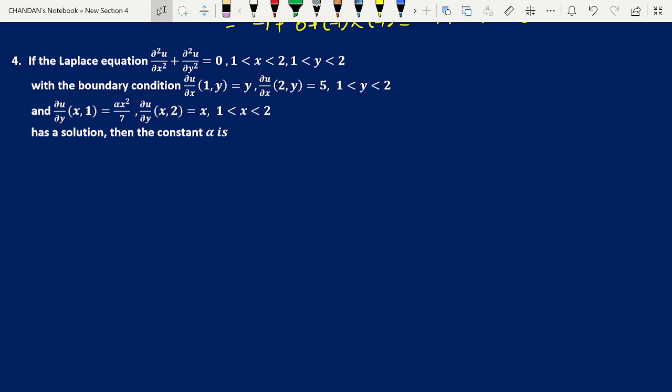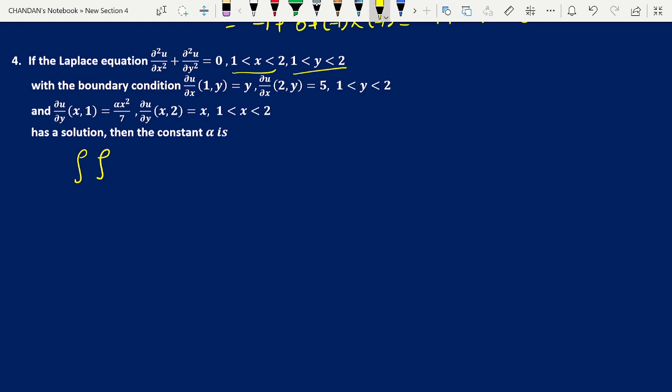Here it is given the Laplace equation, del squared u by del x squared plus del squared u by del y squared, where x varies from 1 to 2 and y varies from 1 to 2. So it is also a very easy question, just like we use this.